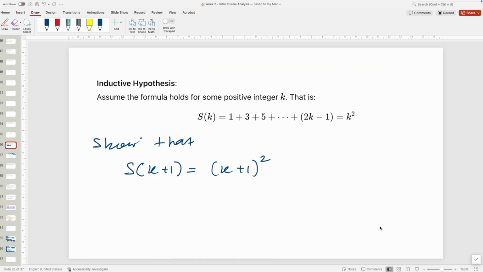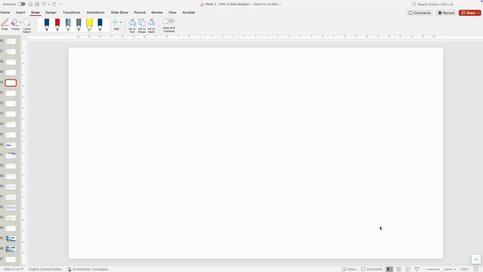Okay, so go back to the assignment. We start with an assumption, similar to square root 2, like we did before.